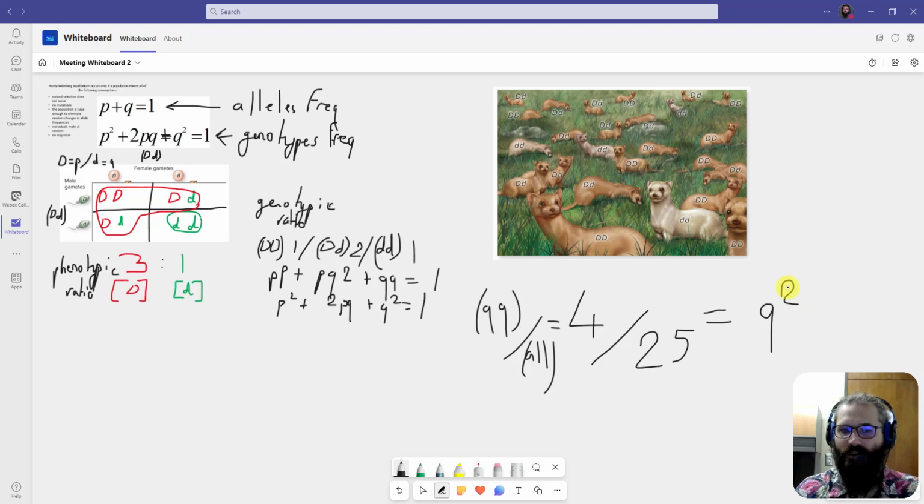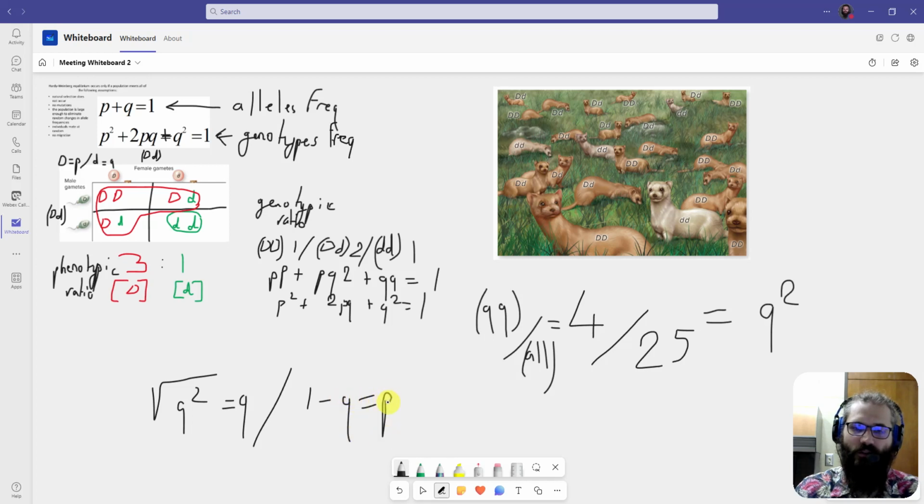That's q square. So you can find q square by just counting the number of recessive individuals phenotypically, and genotypically they match. So you know you're looking at q square when you divide by the total population. When you have q square, the square root of q square equals q. Once you have q, you can do 1 minus q equals p.